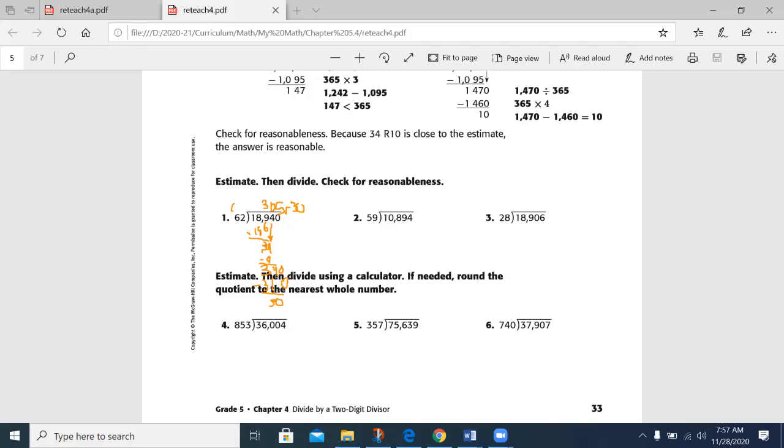So make sure you've written this in, and I'll give you a second while I grab my calculator to model the next problem. I'm going to attempt to do a new share here.